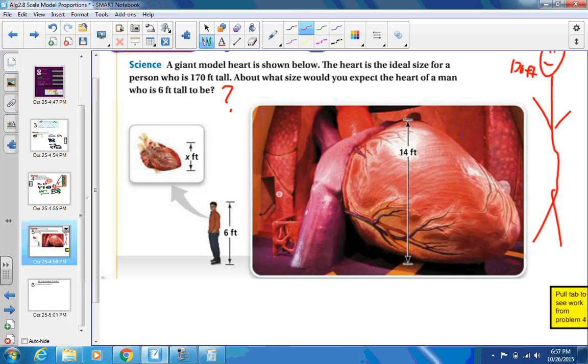Okay, now I'm going to set up a proportion. So I'm going to do the size of the heart, which would be x, to the size of the person, which is 6 feet. So x feet to 6 feet. And that would be equal to, if we're putting the heart on top, we'll put the other heart on top, so it'll be 14 feet is to a 170-foot person.